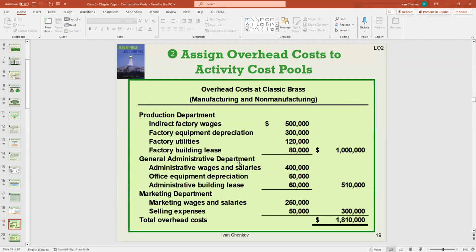For the general administrative expenses, we're going to have administrative wages and salaries, office equipment depreciation, and administrative building lease. Marketing department will be marketing wages and salaries and selling expenses. Again, the total overhead cost that we try to find a way to allocate differently will be $1,810,000. We're not dealing with the direct material, the direct labor, or the shipping, because those we already know what drives that cost.